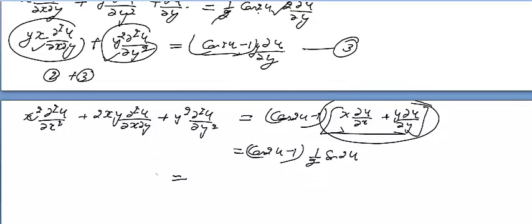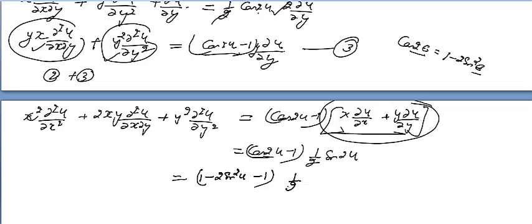So students, you know that cos 2θ, you have a formula of cos 2θ in terms of sine. Cos 2θ, the formula is 1 minus 2 sin²θ. So I will write 1 minus 2 sin²u minus 1, so 1/2 sin 2u.